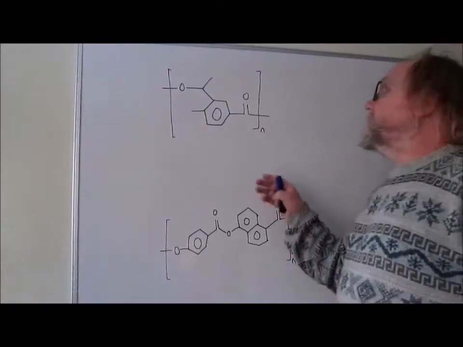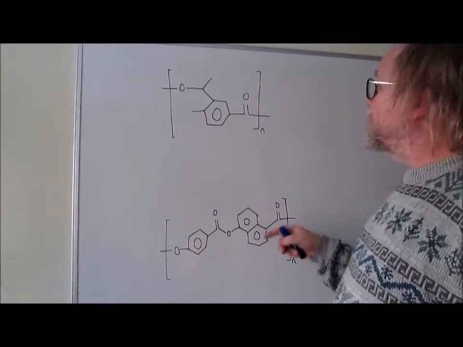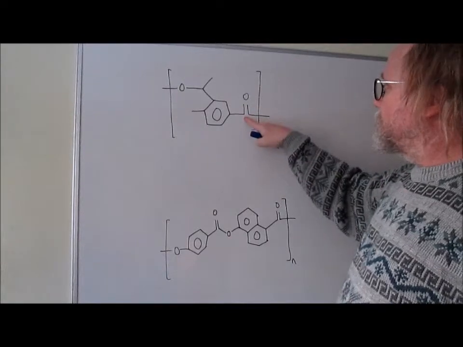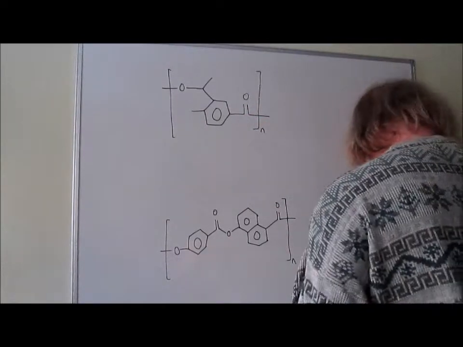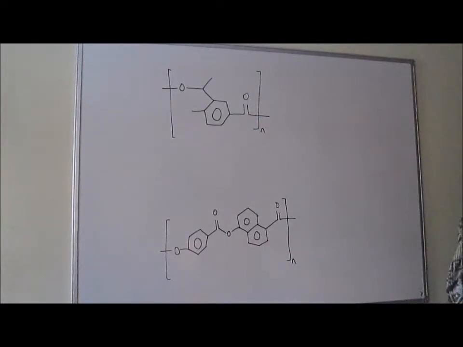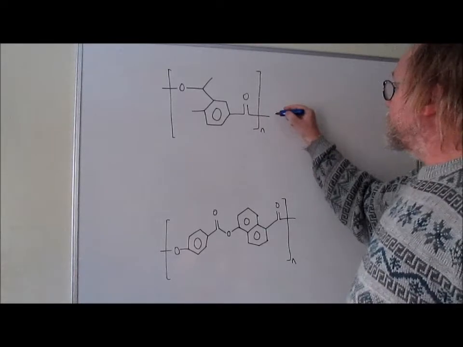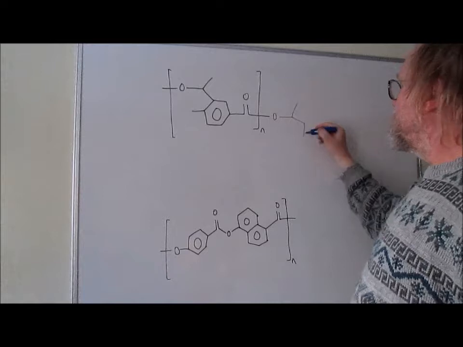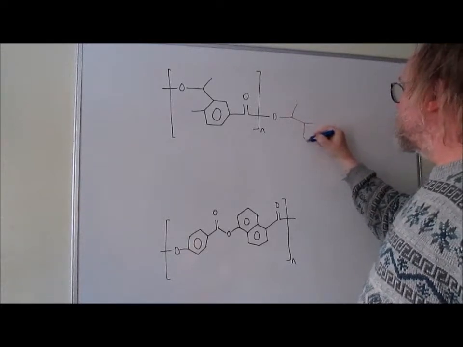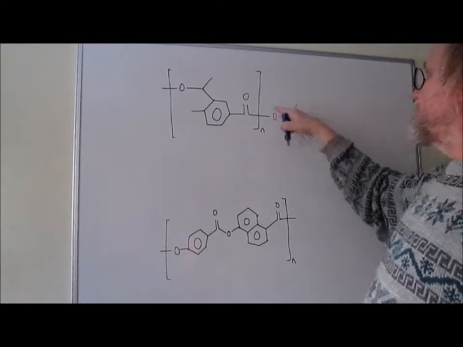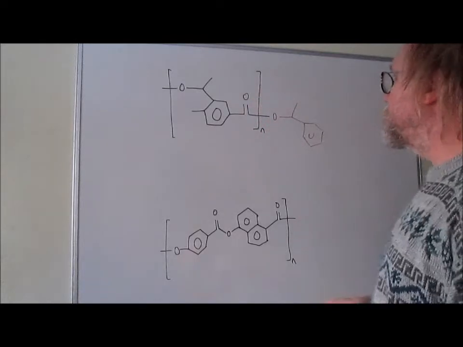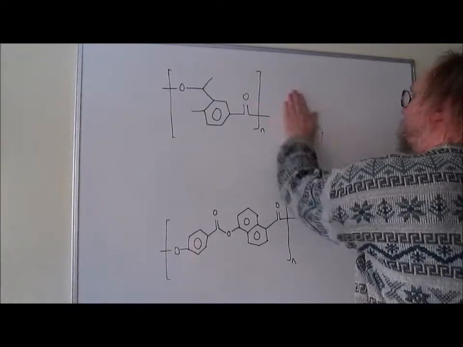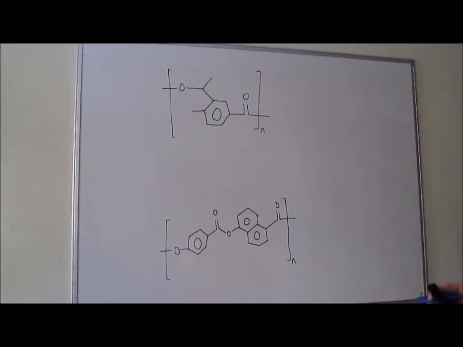Right, so this one is a polyester again, because you can see that the carbonyl group there, if we read through into the next repeat unit, is going to read through into that oxygen, and then down here to the ring again, and so on. So you're going to have the ester group in the middle, so it's a polyester, and therefore the monomer is going to have alcohol and carboxylic acid groups.